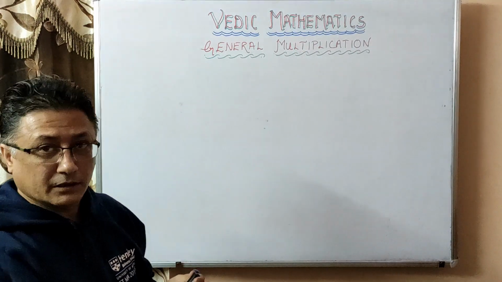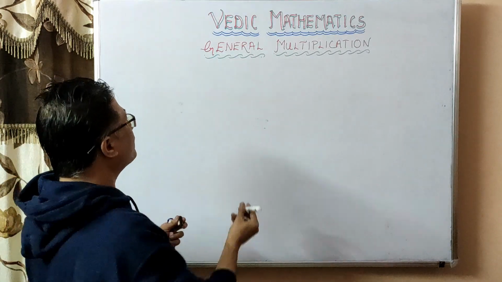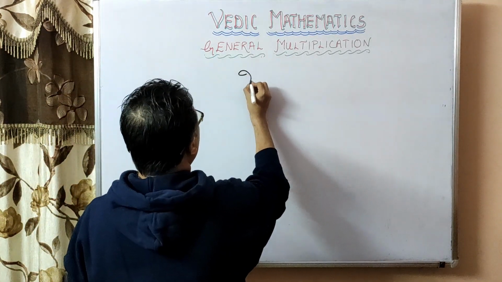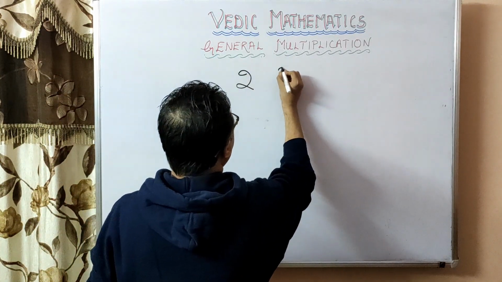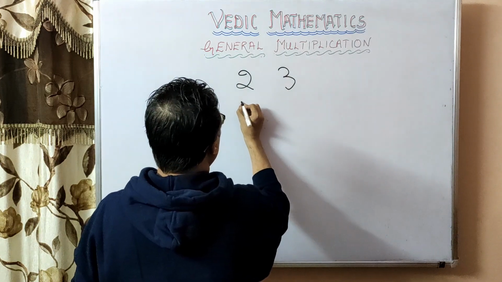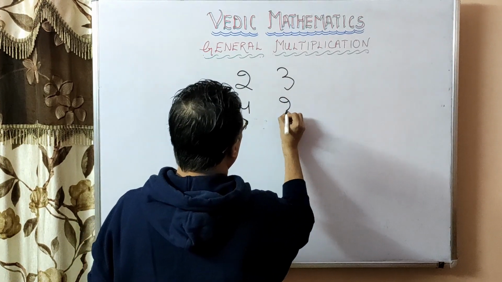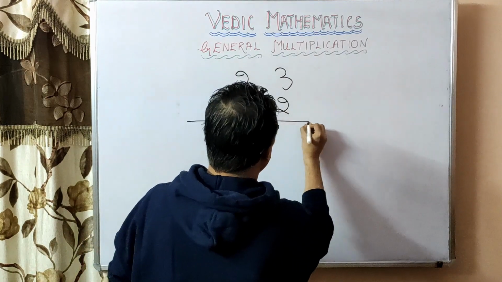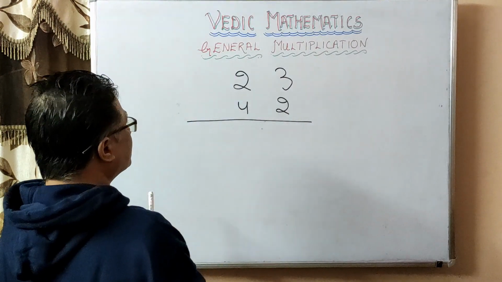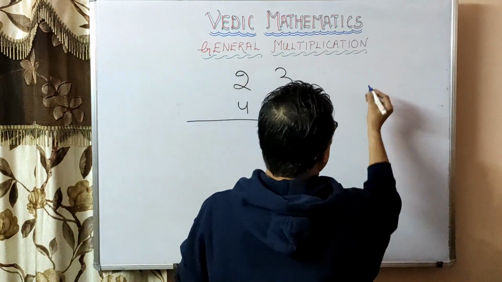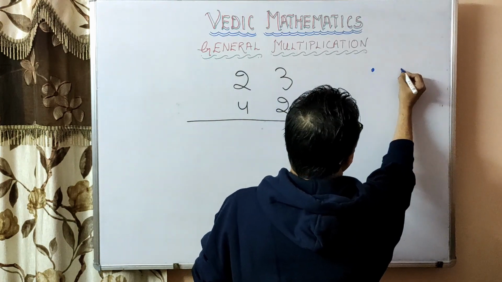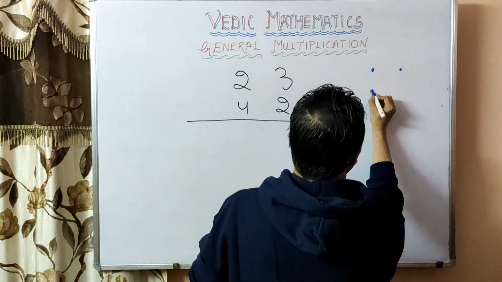Now, for example, suppose you have to multiply 23 with 42. So now, suppose these are my two numbers, 1 and 2.